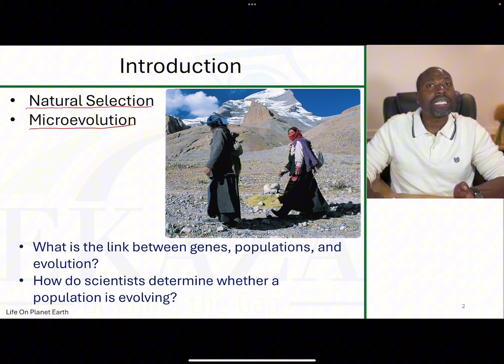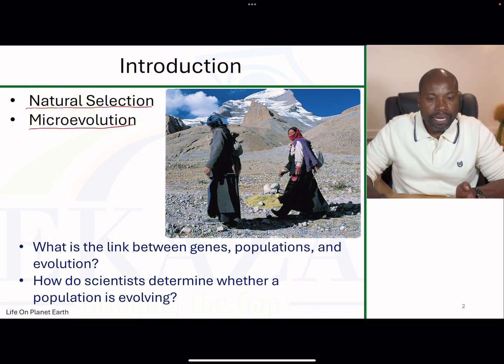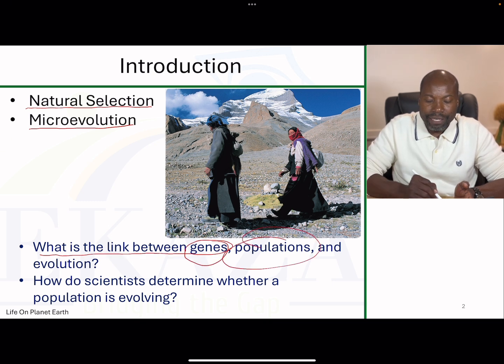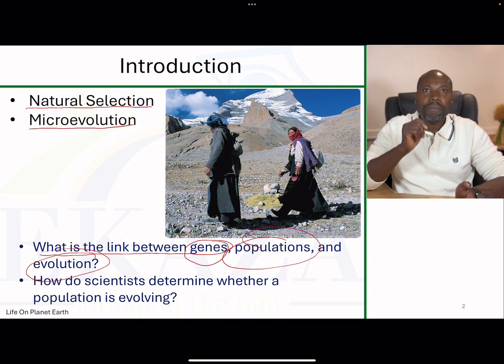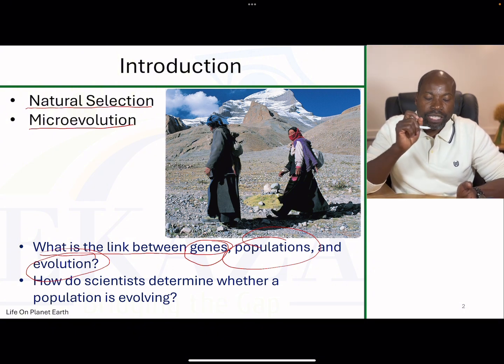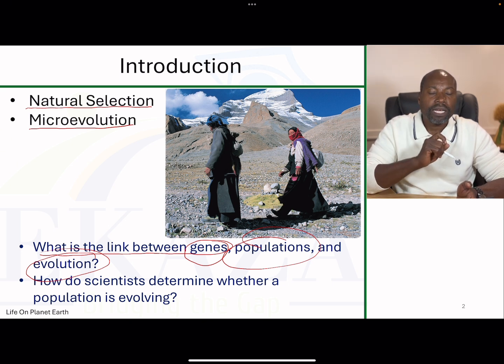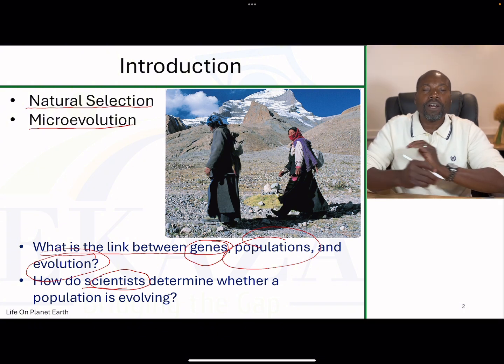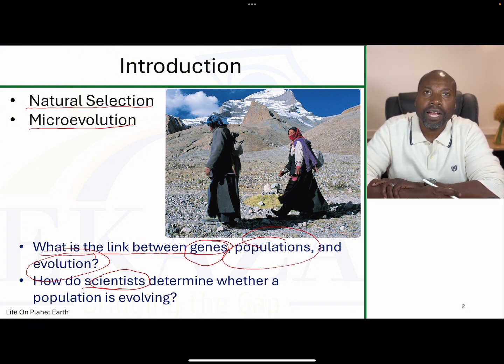So the question we need to keep in mind as we go through this chapter is: what is the link between genes, populations, and evolution? Let me repeat that. What is the link between genes, populations, and evolution? How do scientists determine whether a population is evolving or not?